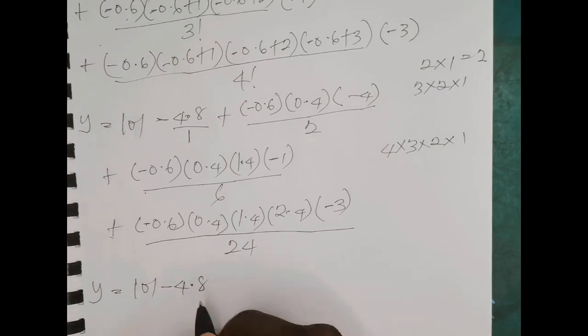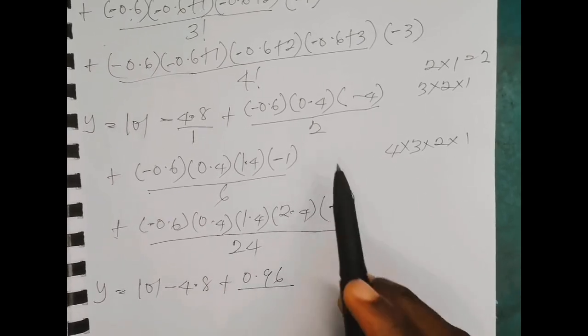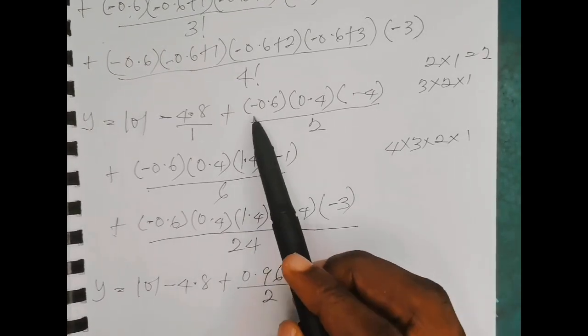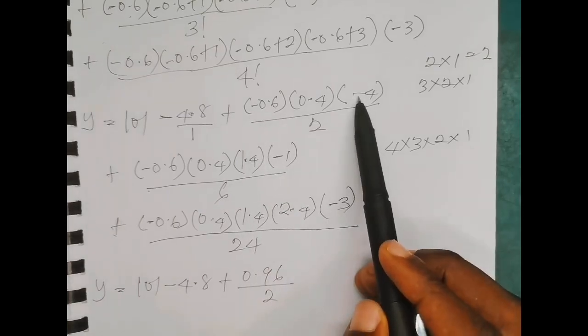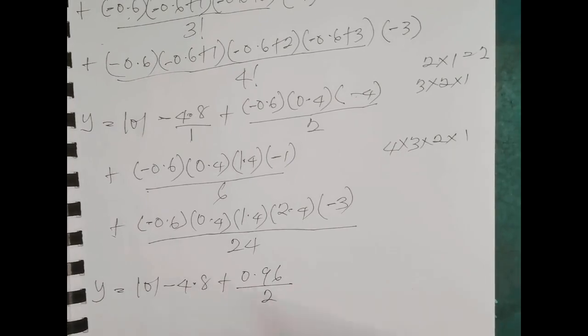That simply gives us plus 0.96 divided by, of course, 2. If you're wondering why it is positive, negative here multiplied by this negative becomes positive, giving us a positive result.